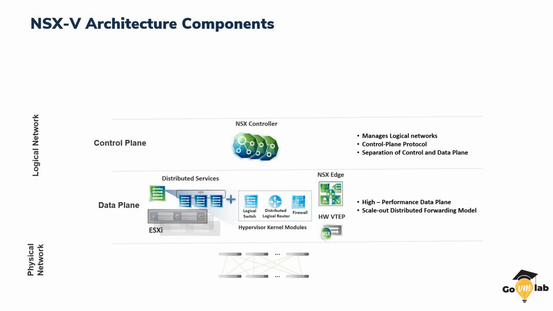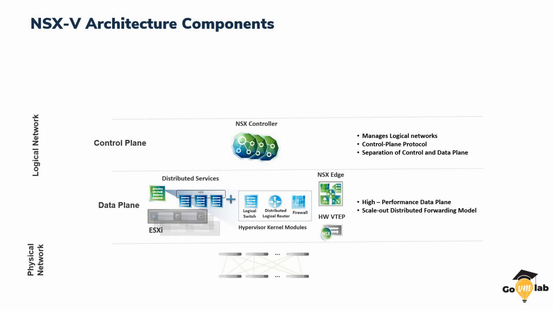The next component of this NSX architecture is the control plane. Control plane is responsible for all the control plane operations, and the NSX controller is responsible for the control plane functions. The NSX controller is considered to be the brain of your NSX architecture, because it manages your logical switching and logical routing, and it maintains the entire networking state of your NSX network topology and passes that information to all of the data plane components.